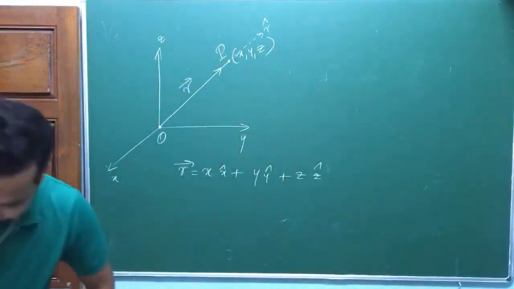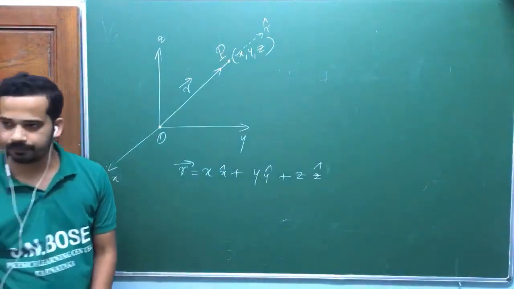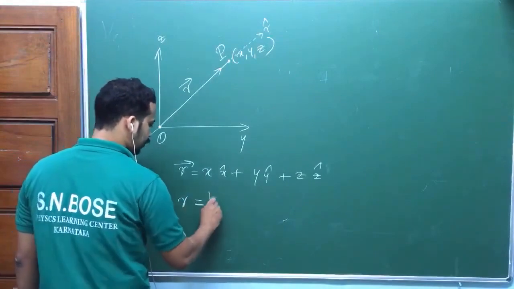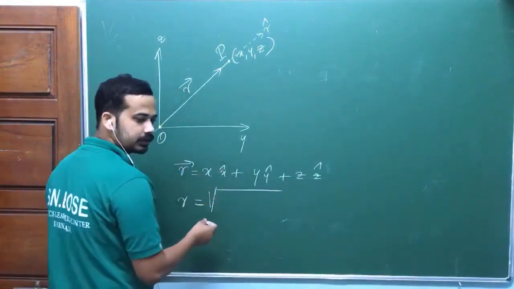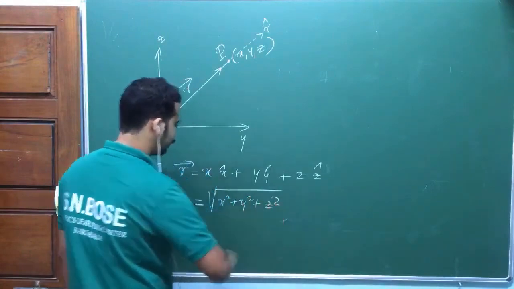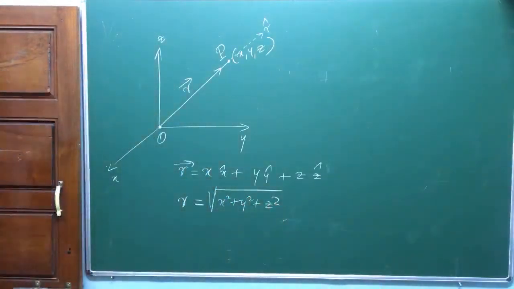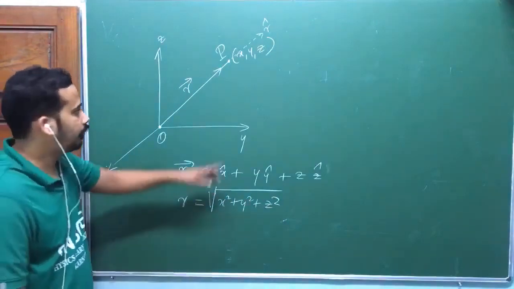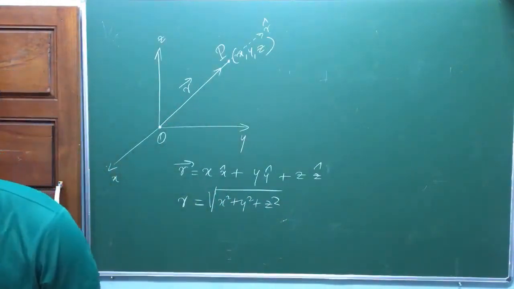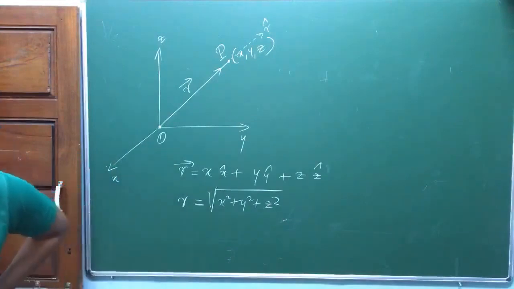I hope you know this one. And how do you write the magnitude of R? That's equal to root of R dot R, that is, root of X square plus Y square plus Z square. We call this the position vector of a point P. Position vector, okay?